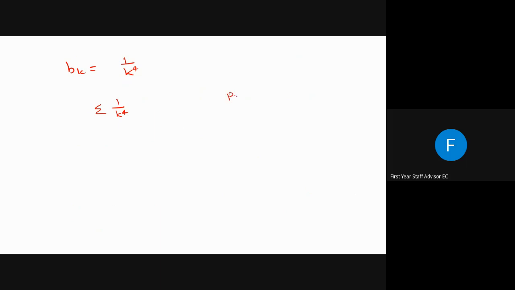Here p is equal to 4, greater than 1. So this is convergent. Summation bk is convergent, by the limit comparison test, ak also converges. Summation ak also converges.